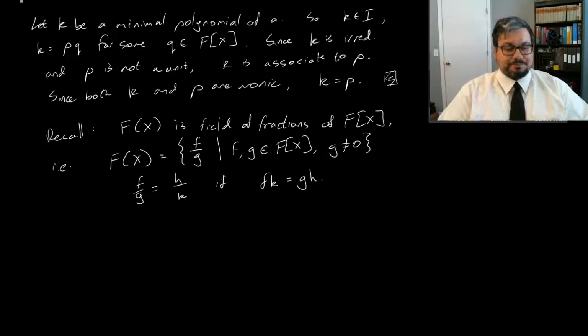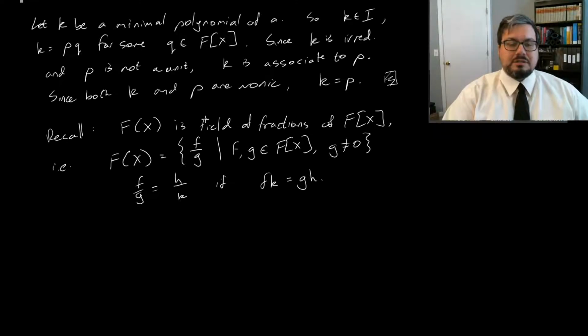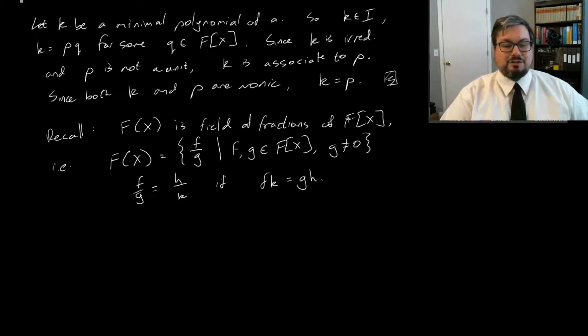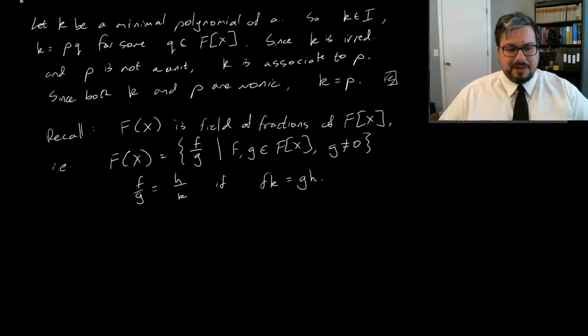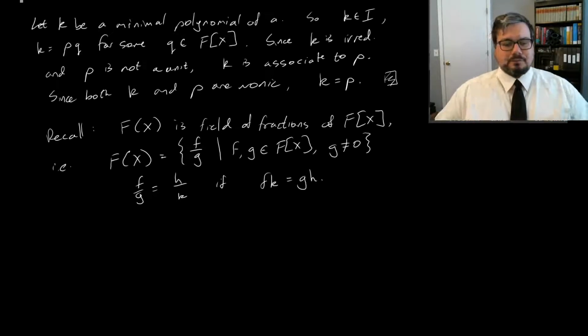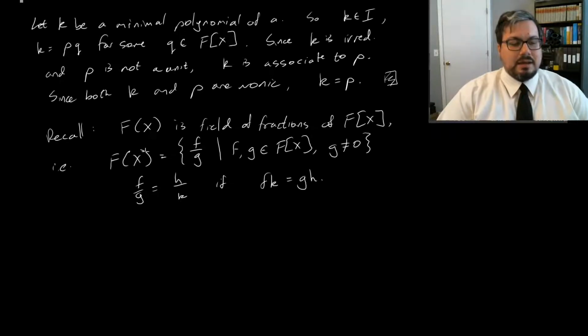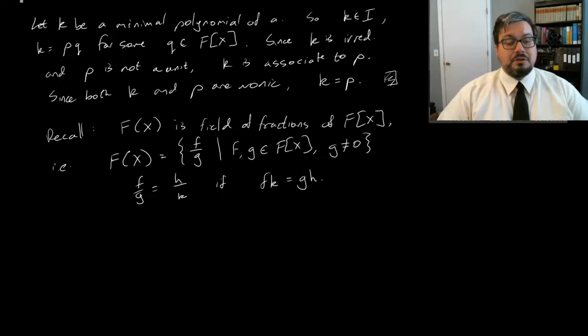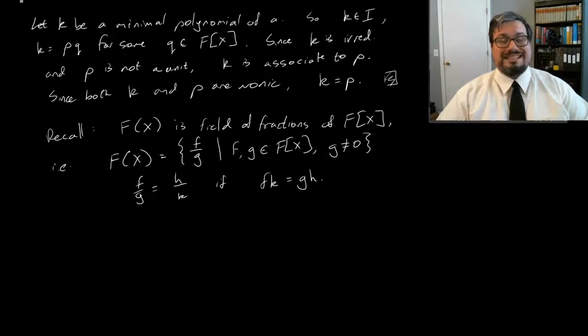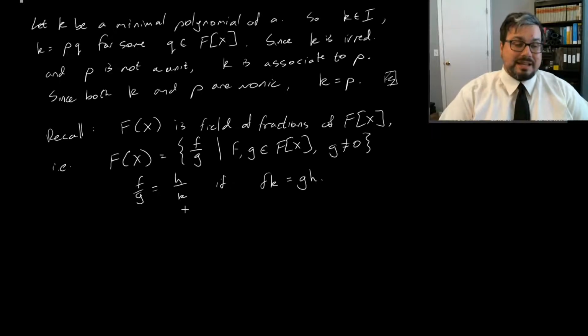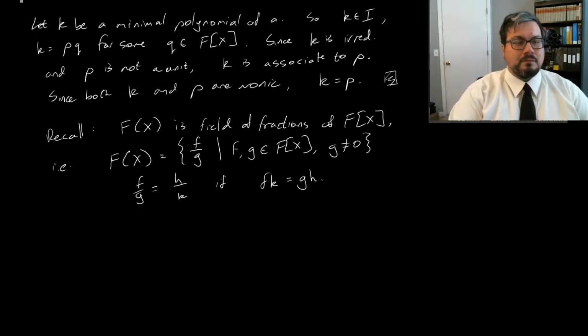So this is just the standard definition of the field of fractions. We're looking specifically at the field of fractions of a polynomial ring, which is a domain, and therefore we can form its field of fractions. This F of x is a field, and so we're going to show that when we work with transcendental elements, the field that we get is isomorphic to this one.